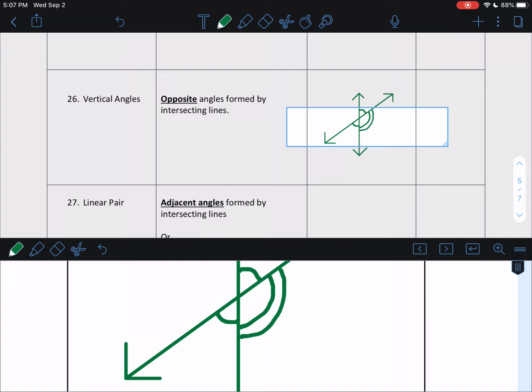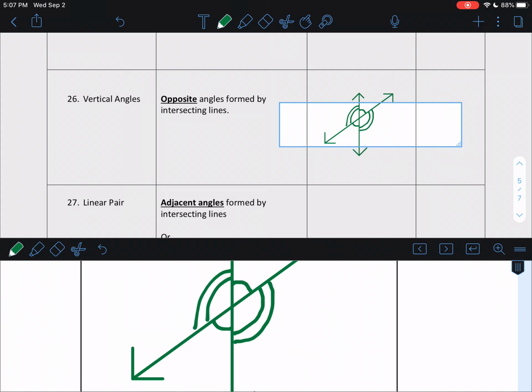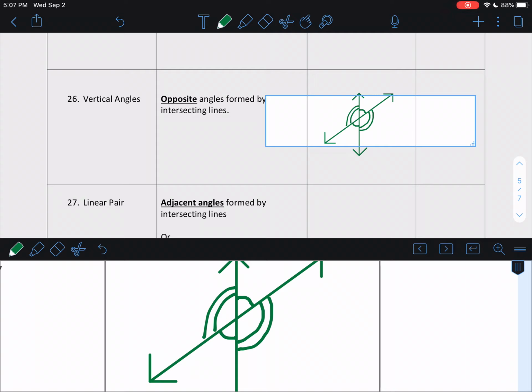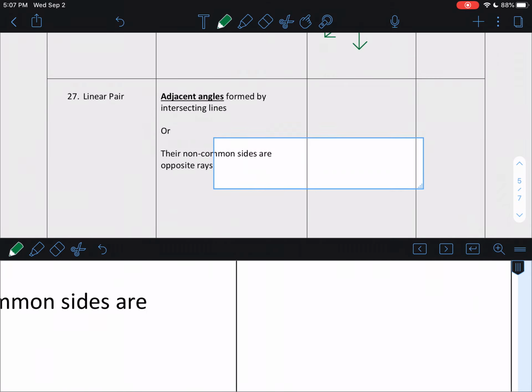This one has to have two lines because it's not going to be the same measure, but this one is going to equal this one. So they are vertical angles. And naming them, again, no real way to name them.